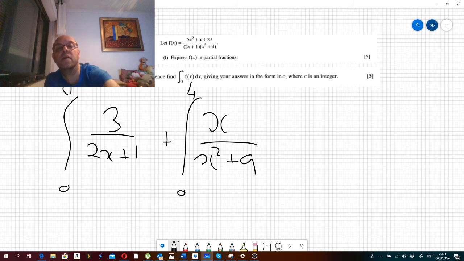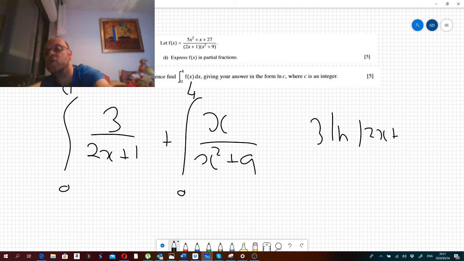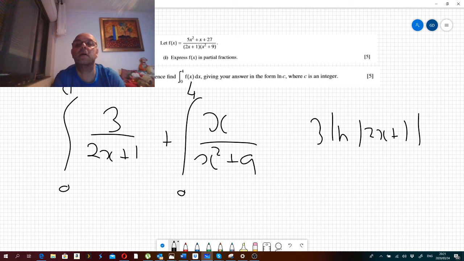Okay, so the first part will be 3 ln 2x plus 1, but of course we can also derive the 2.